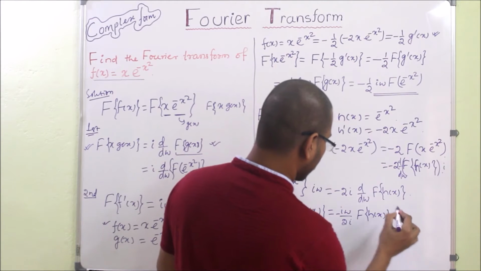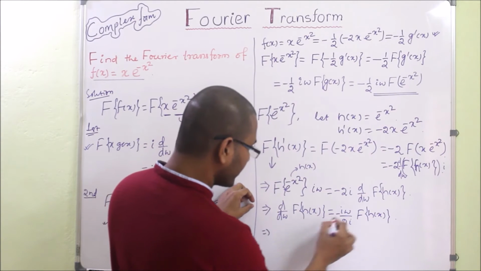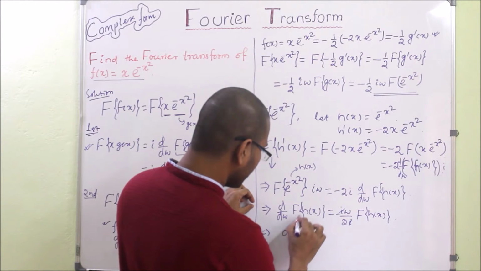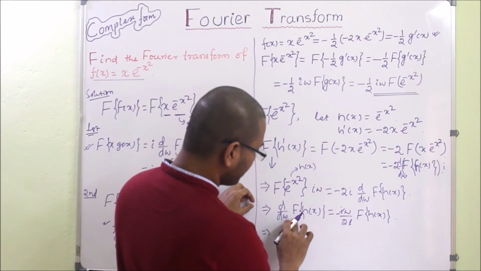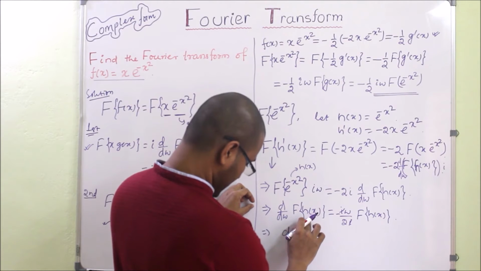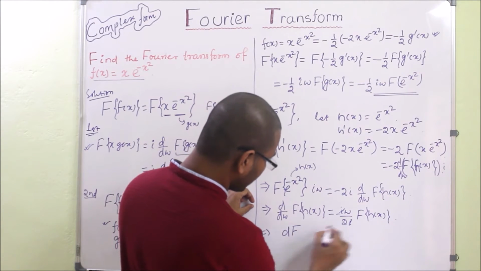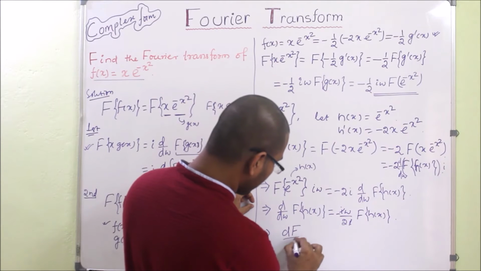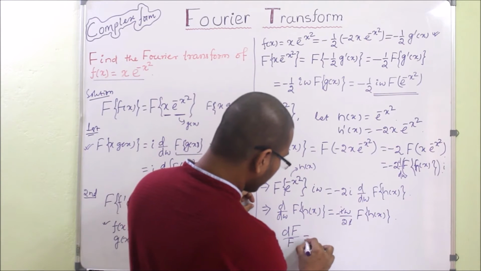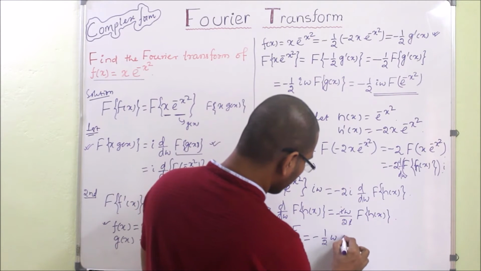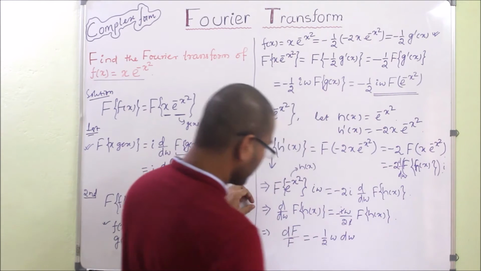So finally what we will get, this I will cancel, and if I write f of h of x as f, so it will be df, and this as f, so df by f equals minus 1 by 2 w dw.